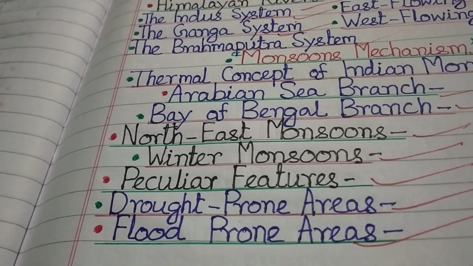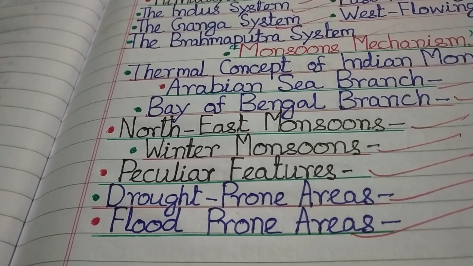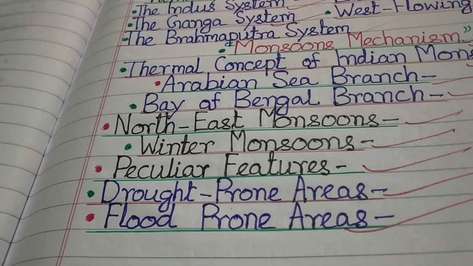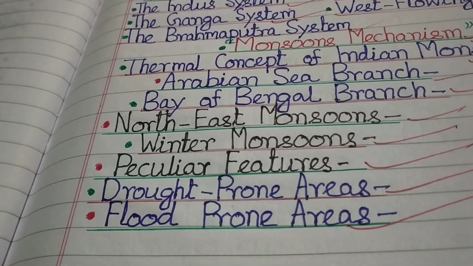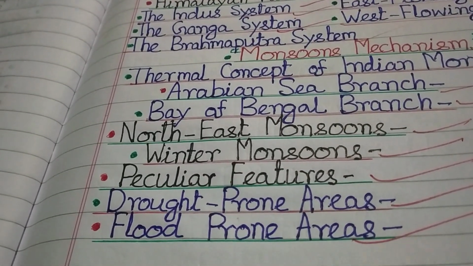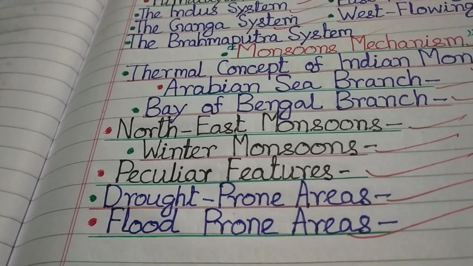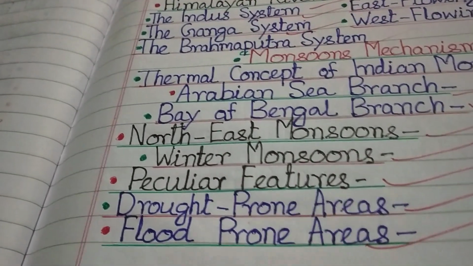This shift in direction is brought about by the Earth's rotation. Now the originally southeast trade winds become southwest monsoons blowing towards the northeast.